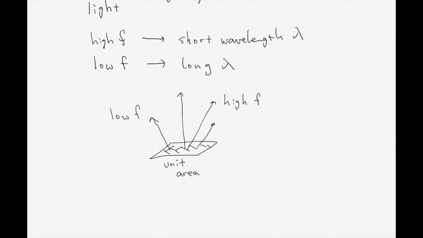Energy flux is proportional to the fourth power of the surface temperature. So energy flux F is proportional to the fourth power of the surface temperature, and the proportionality constant we call sigma.